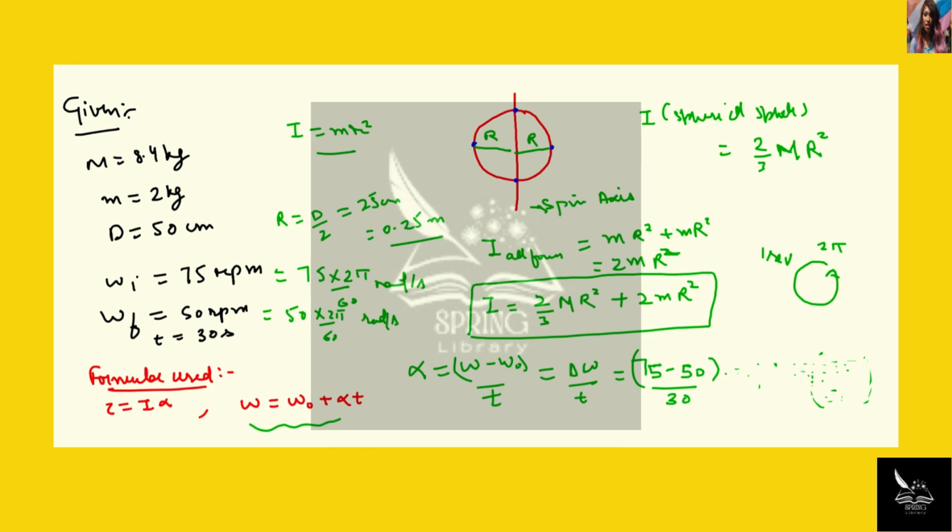Let me write it again. So we have 2 pi over 60 radian per second squared. Doing the calculation using a calculator, alpha is equal to 0.08726 radian per second squared.